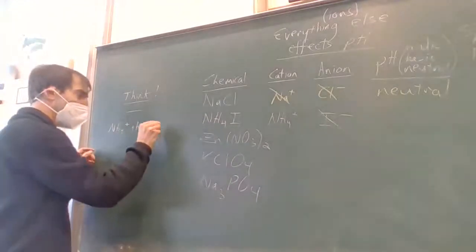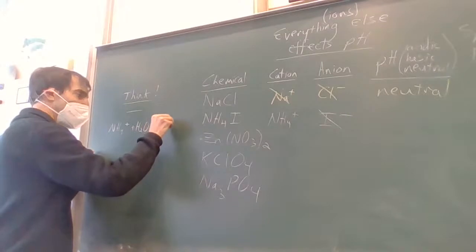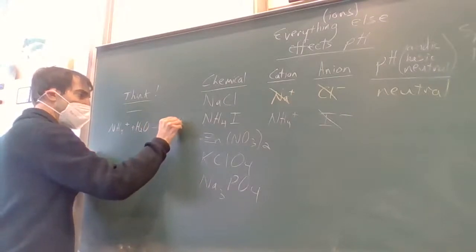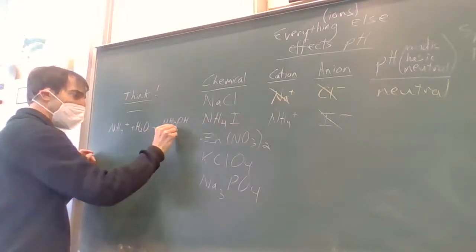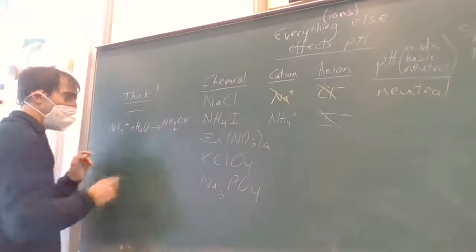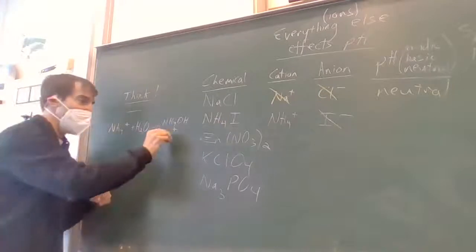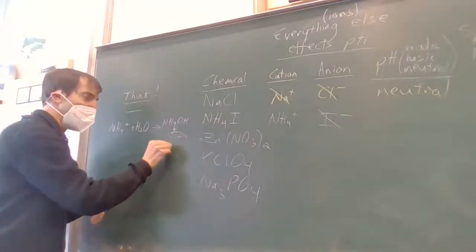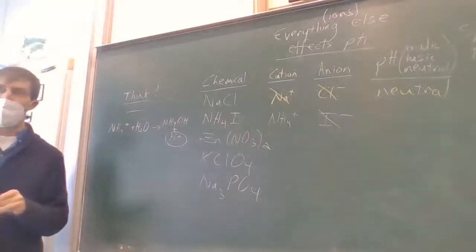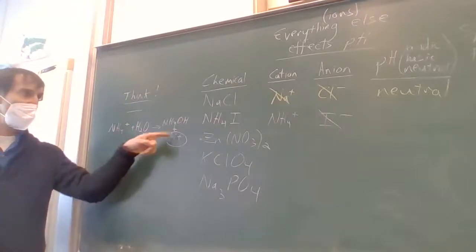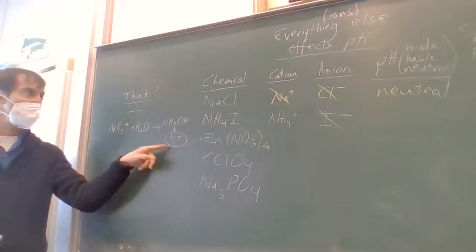So I get NH4OH. Does it really exist? Yes. Plus, because I ran out of room here. And then what's left from the water, Louisa? Ah! And therefore, back to H+. So it looks like that will make the solution what? This is my proof.